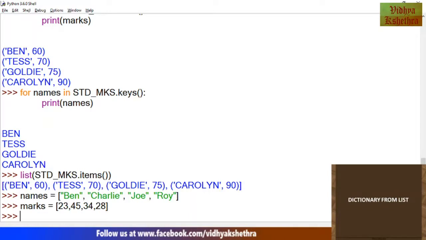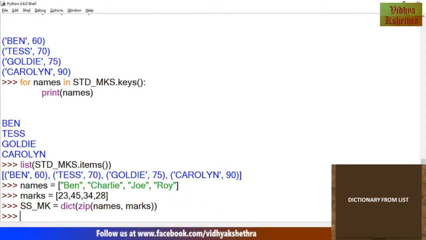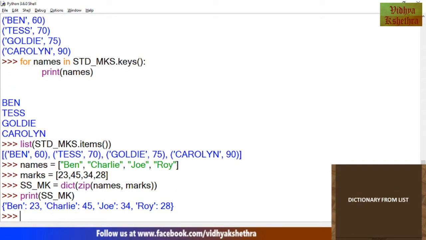Zip is a method used to take in two iterables and then return an object. And dict is used to convert the object which is returned from zip to a dictionary. You can see that the two lists are now combined together to form a dictionary.